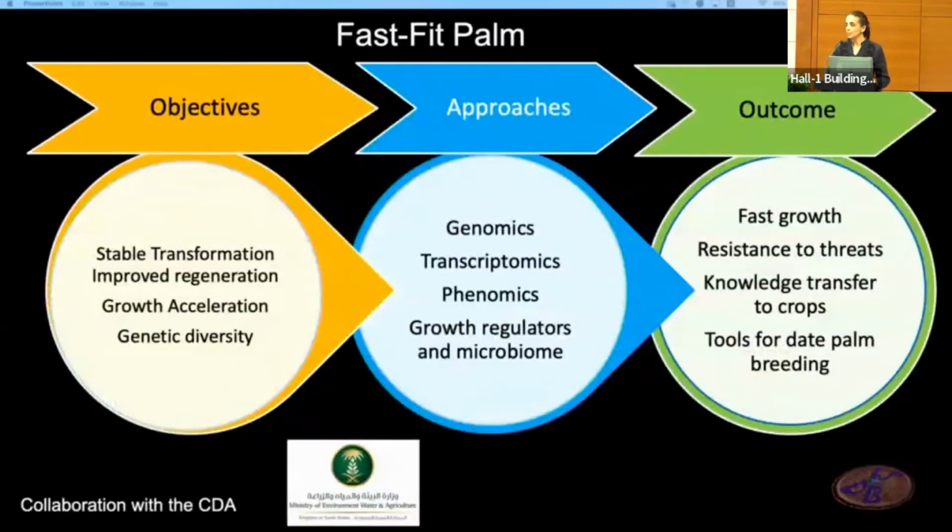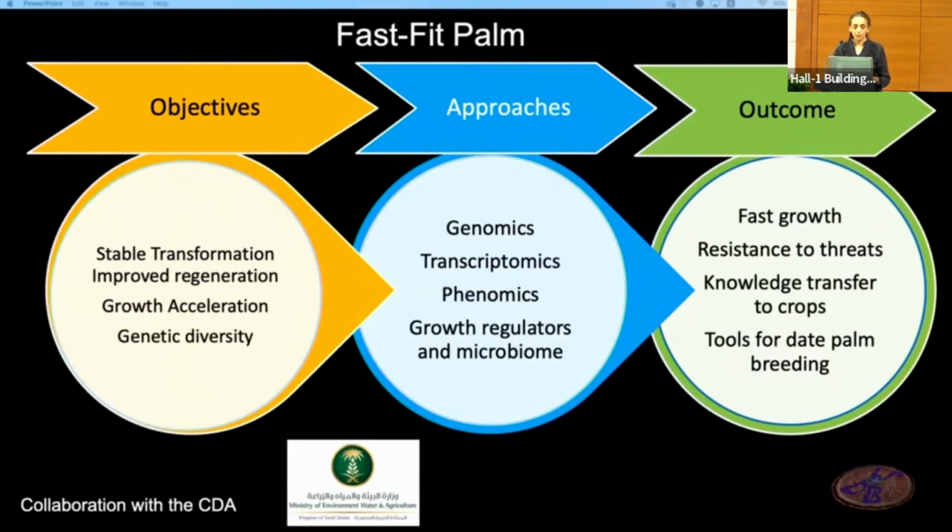Within the Fast Feed Palm project, what we are doing is trying to establish the foundation. This project is not for today, it's not for tomorrow, but for the next generation of scientists, the next generation of Saudis, and the next generation of whoever wants to carry the torch and keep the date palm culture.